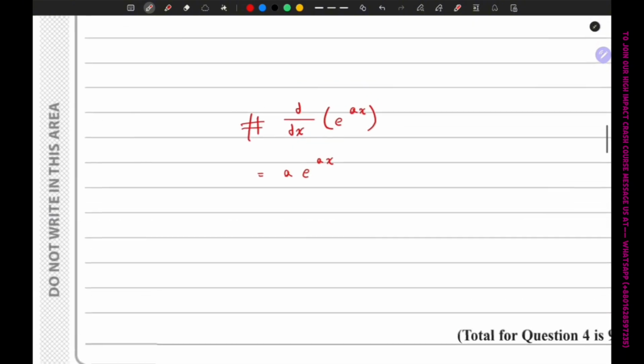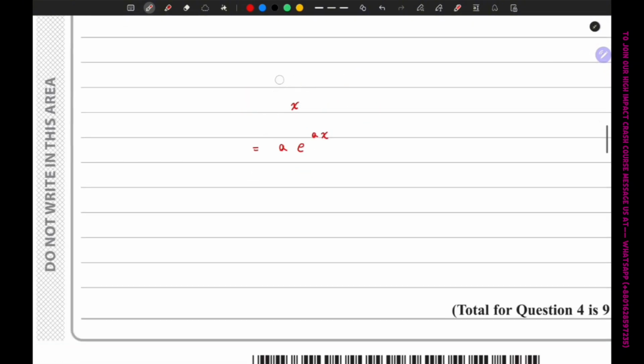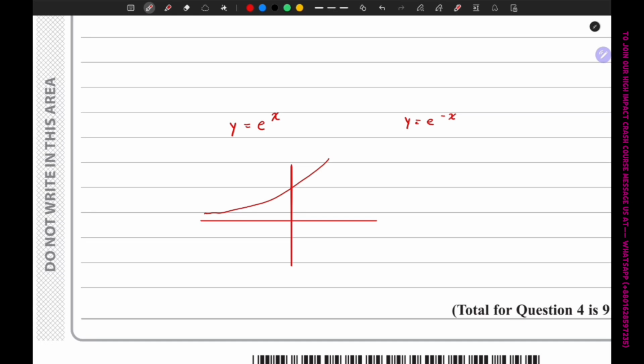We know that y equals e to the power x, the shape of the graph should look something like this. If we have y equals e to the power -x, the shape of the graph will look like this. So now we know the shape of the graph.